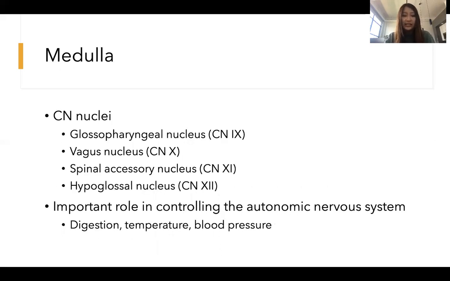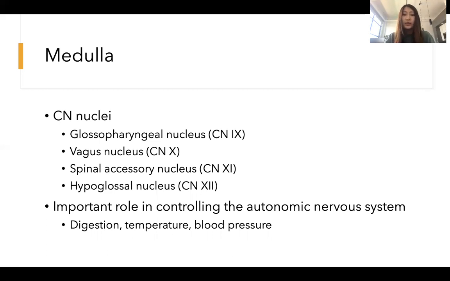The medulla, lastly, houses the glossopharyngeal nucleus for cranial nerve 9, the vagus nucleus for cranial nerve 10, the spinal accessory nucleus for cranial nerve 11, and hypoglossal nucleus for cranial nerve 12. It plays an important role in controlling the autonomic nervous system as well, especially digestion, temperature, and blood pressure.